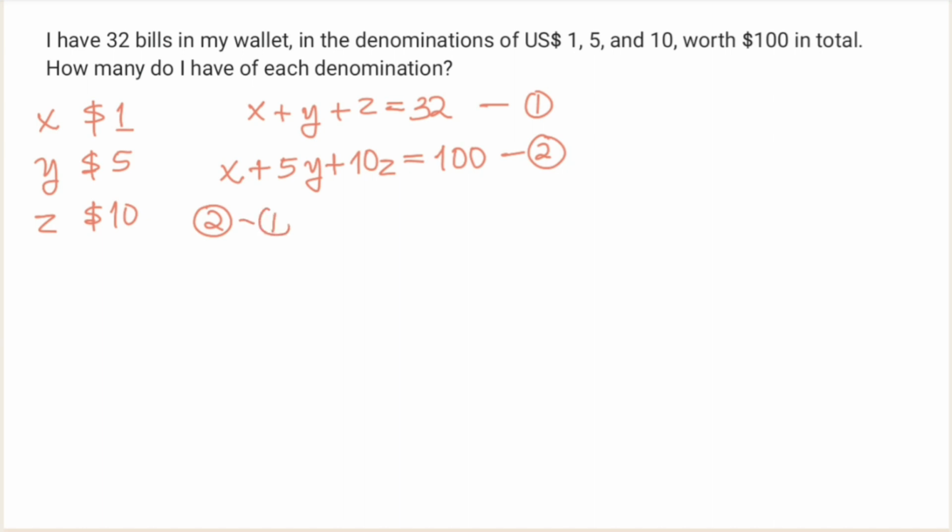So equation 2 minus 1 gives us 4y plus 9z equals 68. Okay, so that gives us a relationship between y and z. Let's call this equation 3.